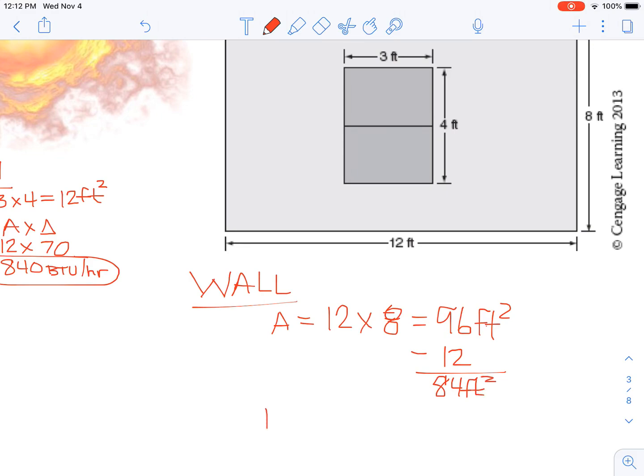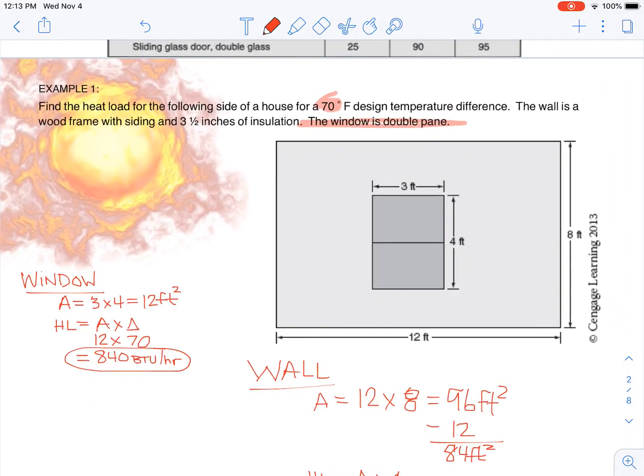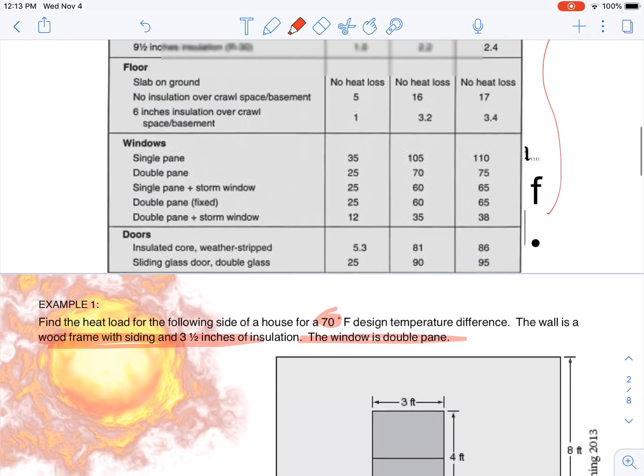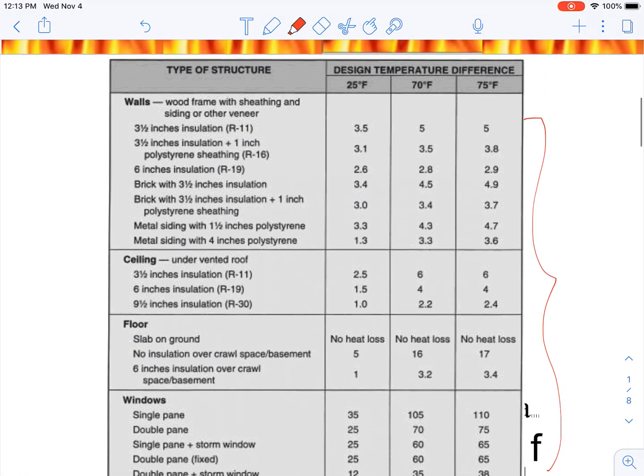And again, to do the heat load, we're going to take that area and multiply it by the coefficient of change. So we're going to take 84 as our area, and we multiply it by, our wall is wood frame with siding and 3.5 inches of insulation. Wood frame with siding, 3.5 inches of insulation.